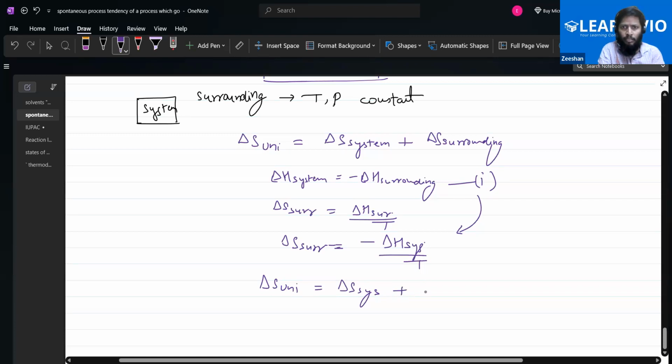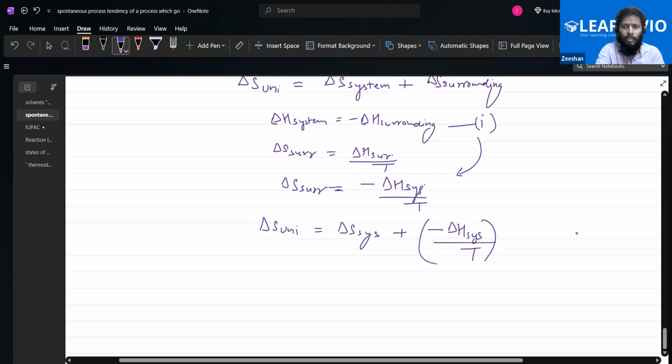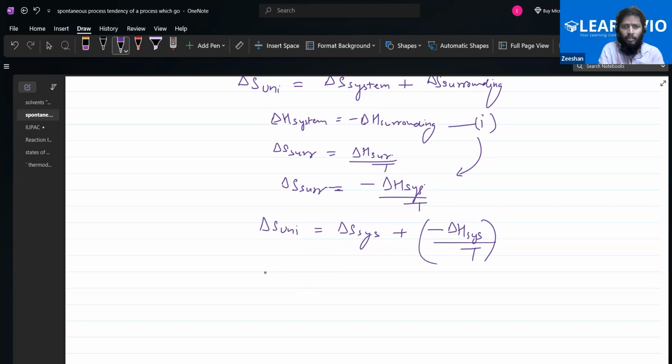So now the main formula: delta S of universe is equal to delta S of system plus delta S of surrounding. Delta S of surrounding is minus delta H of system upon T, right? Till here, well and good. So we are multiplying T on every side.